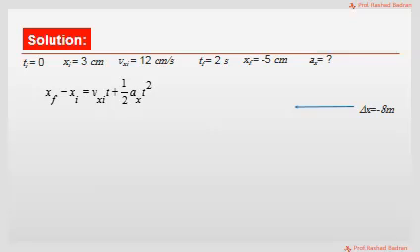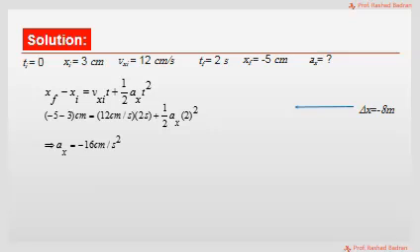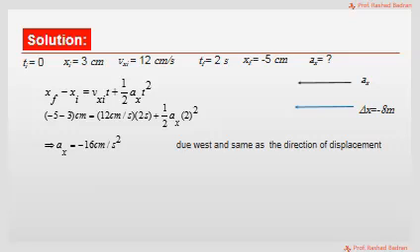So we have x final and x initial, and also we have the initial velocity. And just by inserting the time in this equation, you're going to get the final answer for the acceleration, that is minus 16 centimeters per second squared. The minus sign indicates that the acceleration is due west, which is the same as the direction of the displacement.